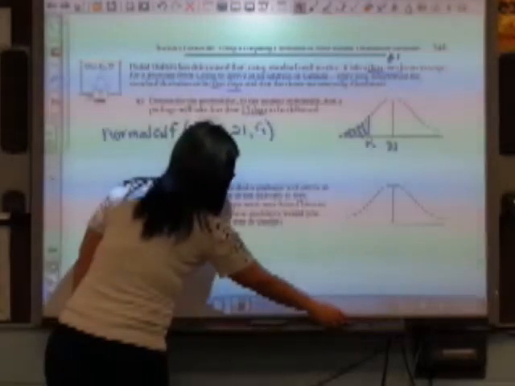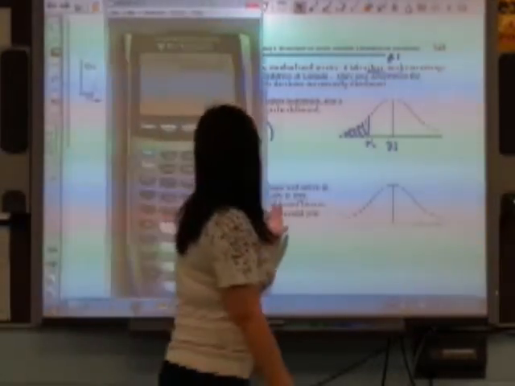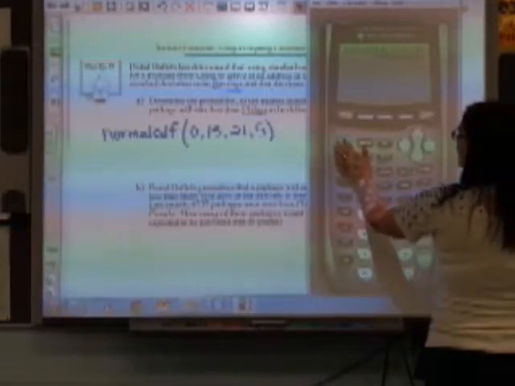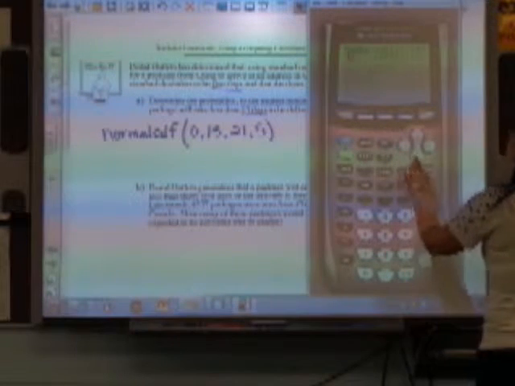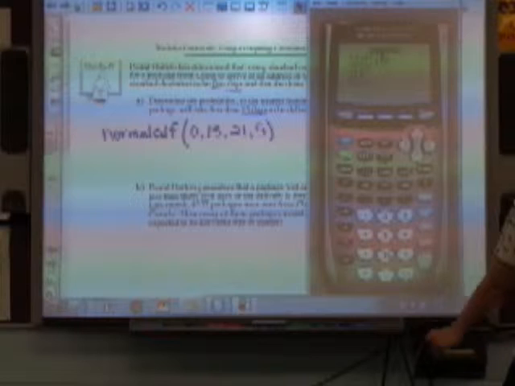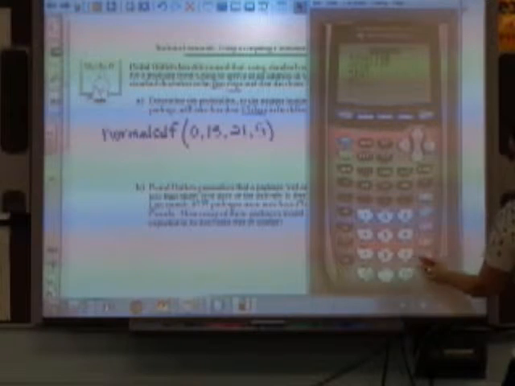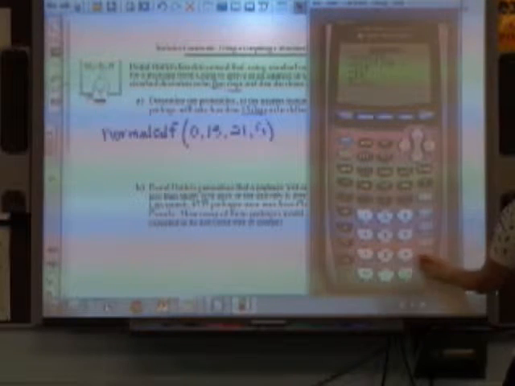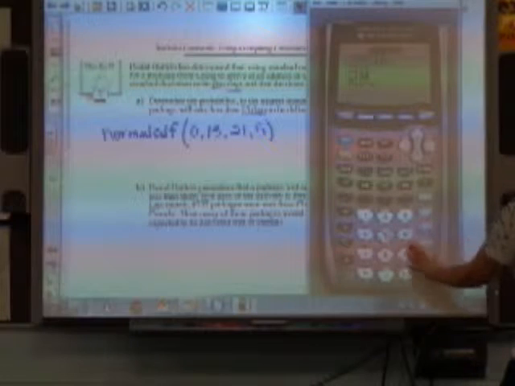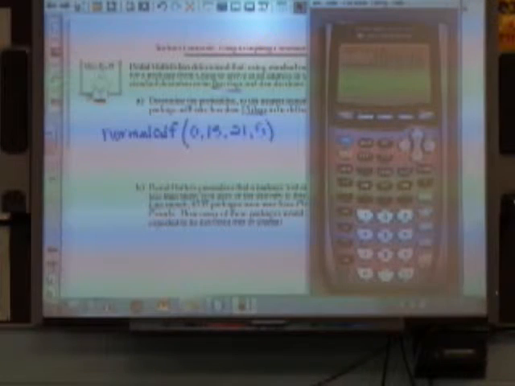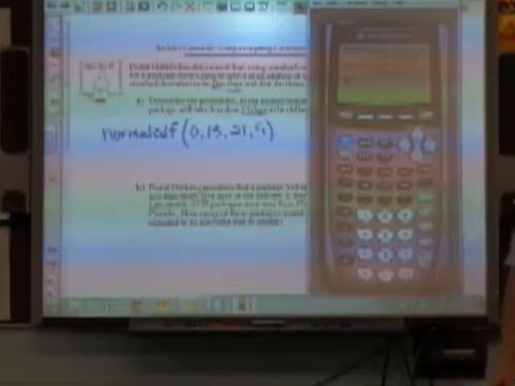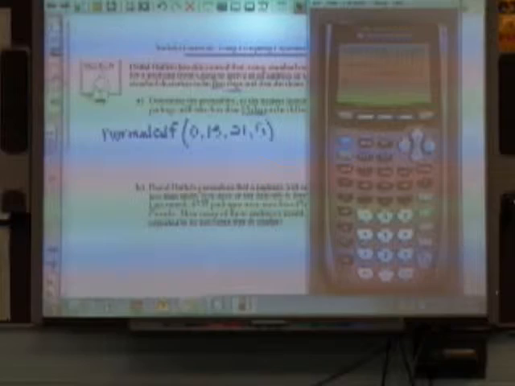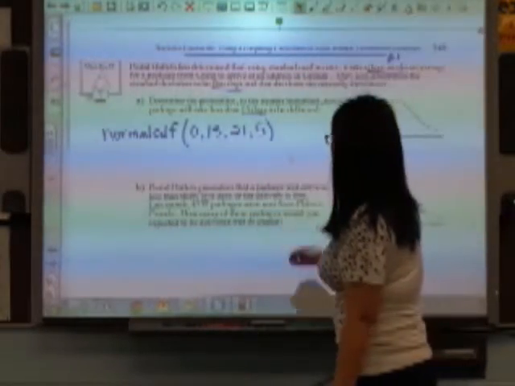Okay, so let's put that into the calculator and see what we get. So 0, 15, 21, 5. And I get 0.11505.